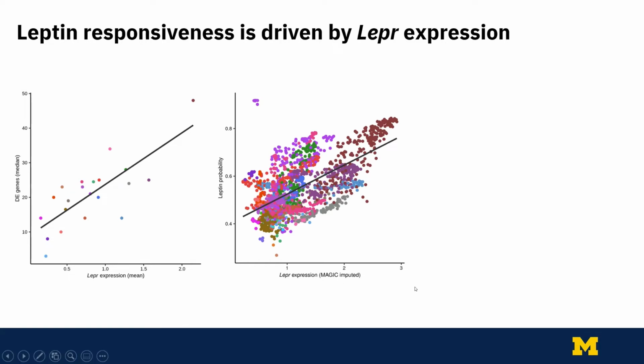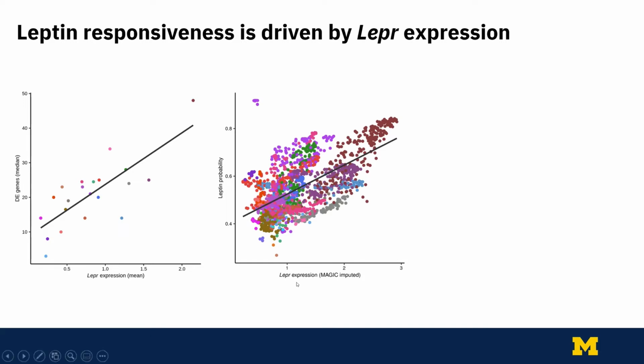This probably sounds somewhat obvious, but that was not necessarily what we expected going in, because different populations have different downstream mediators expressed at different levels. They have different availability of circulating leptin, presumably, and potentially different levels of baseline phospho-STAT activation.